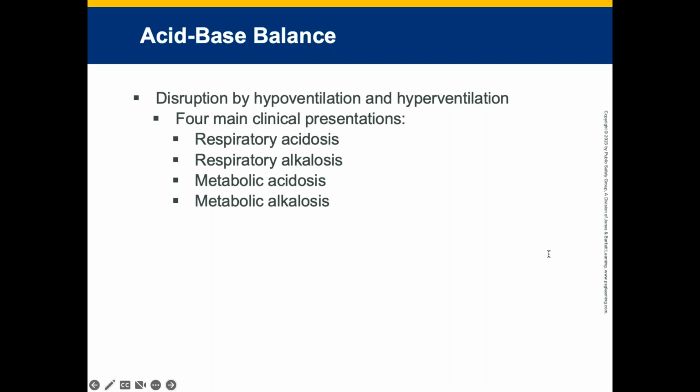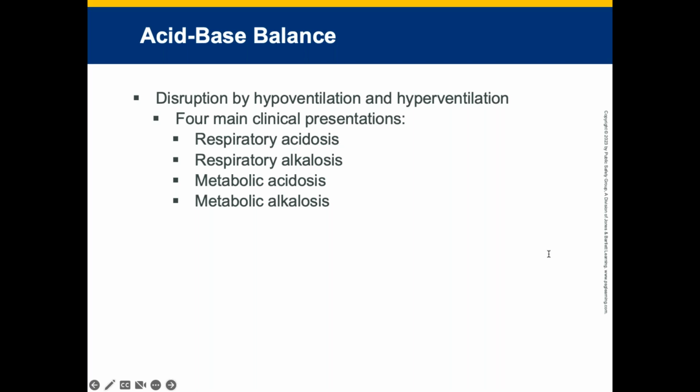If our bicarb is off and our pH is high, it's metabolic alkalosis, okay? So if there's a bicarb issue with a pH change, and the pH is elevated, it's alkalotic. If the pH is lower, it's acidotic. If it's a bicarb issue, it's metabolic. If it's a respiratory issue, it's end-tidal changes.